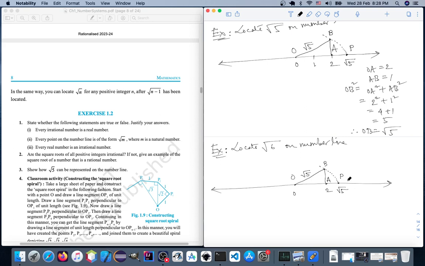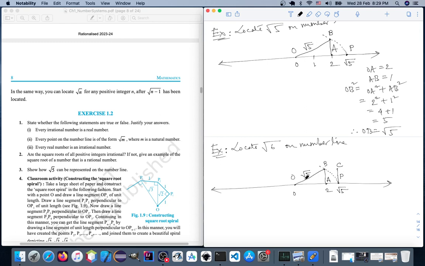Now to locate root 6, what we do is we draw a perpendicular at P on the number line of unit length. Let's say this is C. So CP is a perpendicular on the number line at the point P of unit length.